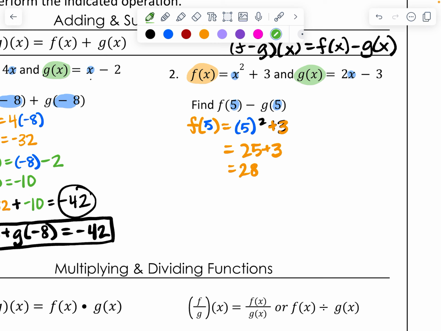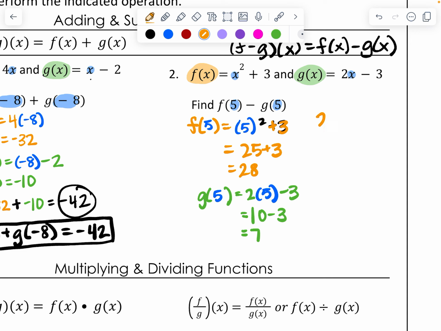And then g of 5 is 2 times 5 minus 3. So that's 10 minus 3, which is 7. So now it wants us to subtract f of 5 minus g of 5.